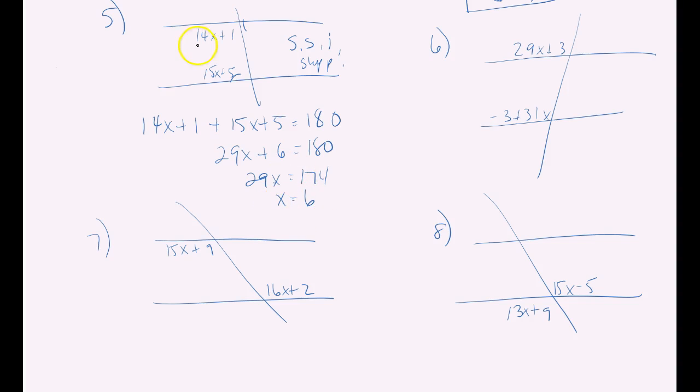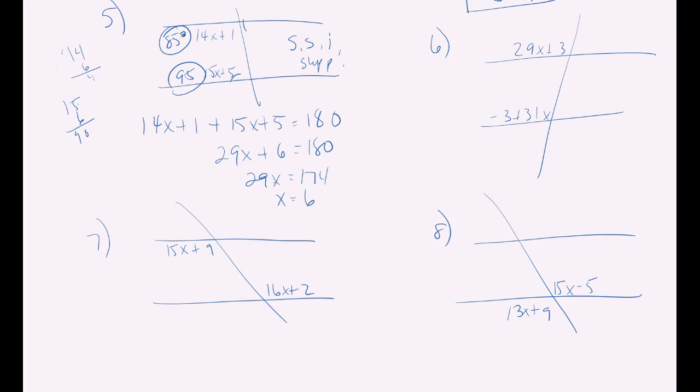Now, if x equals 6, I need to plug them back into both of these and see what's going on. So 14 times 6 is 84 plus 1, so this one's an 85. And then if I plug a 6 in right here, I'm going to get 15 times 6 is 95. And that works because those two together add up to 180, so I know I did it right.